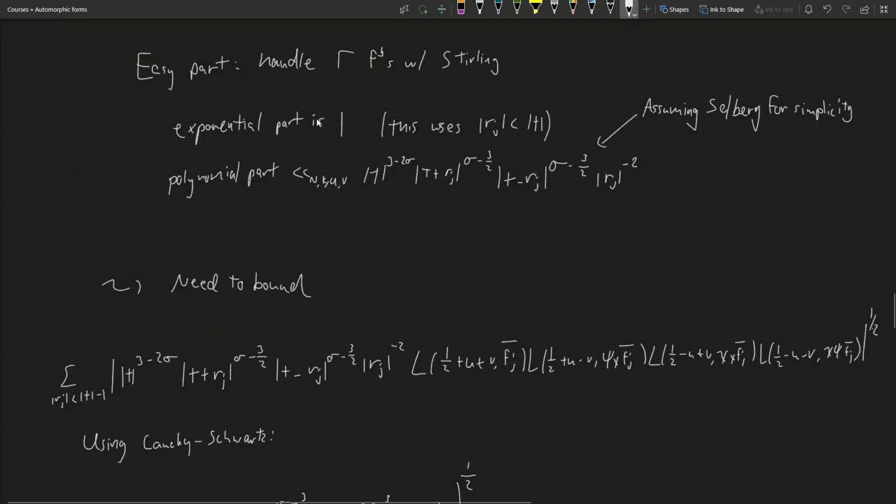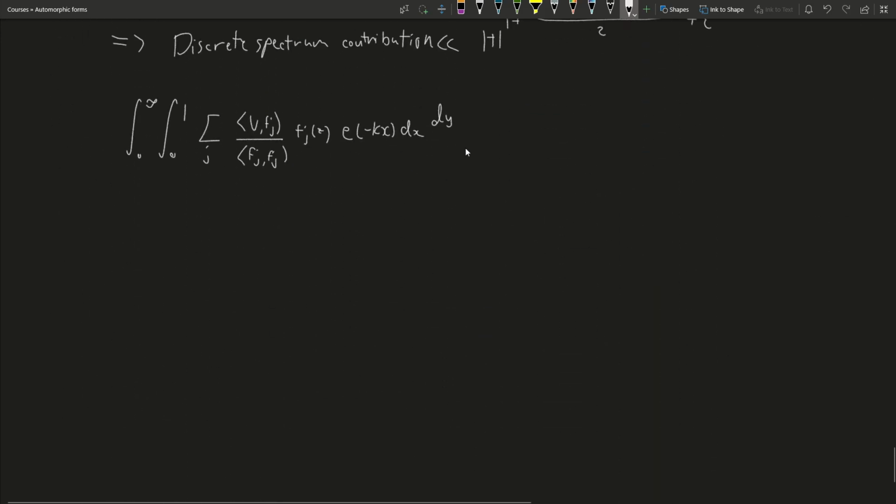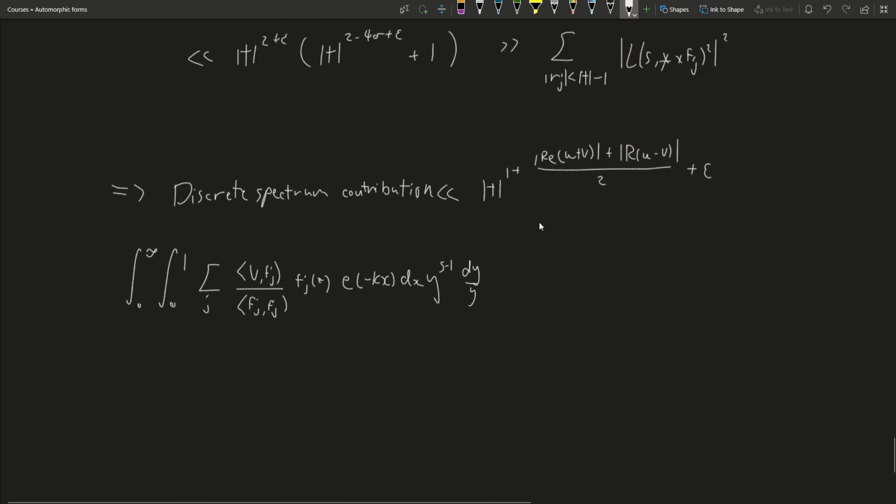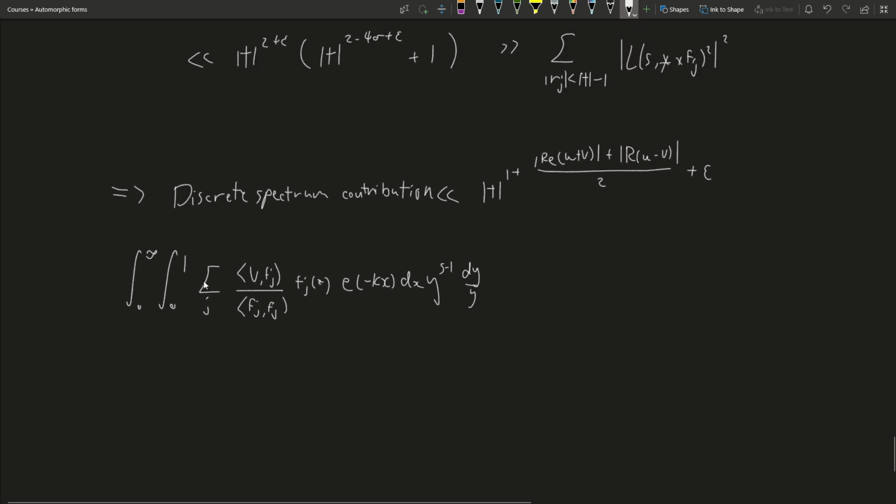Yeah, y to the s minus 1. Right, this is the quantity with the sum over j that is bounded by this.